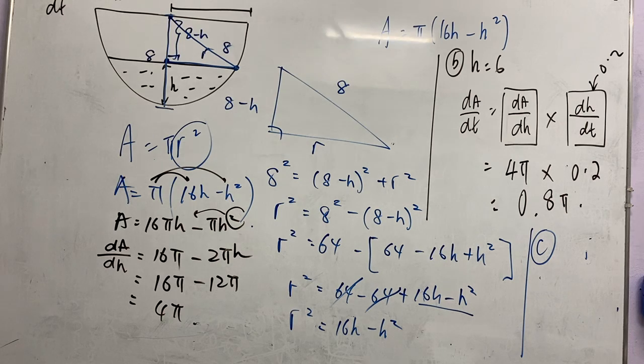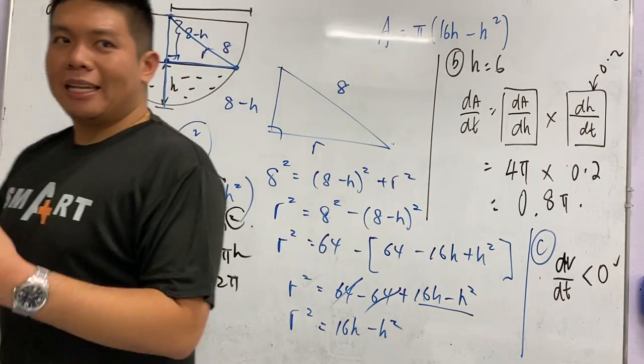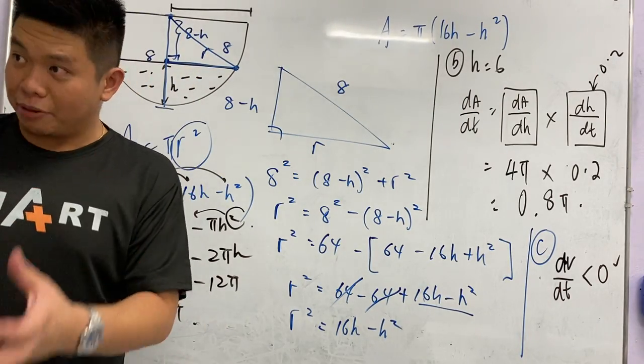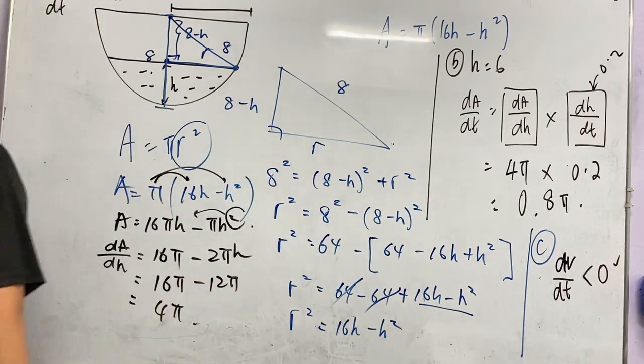If, let's say, volume is decreasing at a rate of 10 cm cubed per second, you would say dV/dt equals negative 10, right? The value of decreasing is a negative value. So that's why the range of dV/dt is less than 0. So that's its answer. Look at what the question means. The basic meaning just occurred to you: oh, it's true, the answer is like that. Because it leaks, when it leaks, the volume is actually decreasing, right? When decreasing, it will be negative. When negative, it must be less than 0. That's the answer. Right?